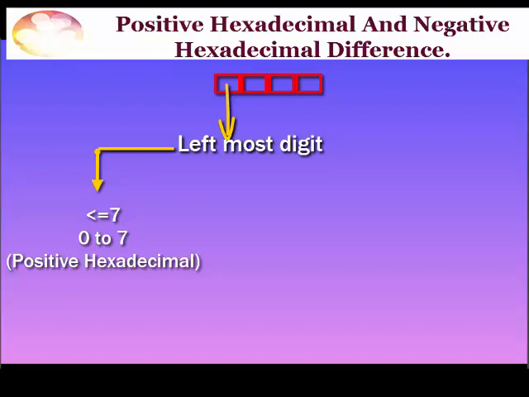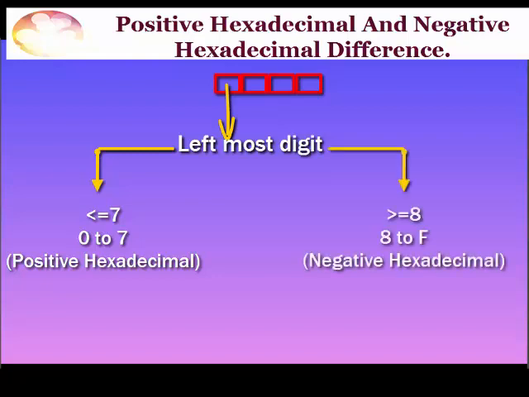And if the leftmost digit is greater than or equal to 8, meaning it is in the range from 8 to F, then the hexadecimal number is negative.